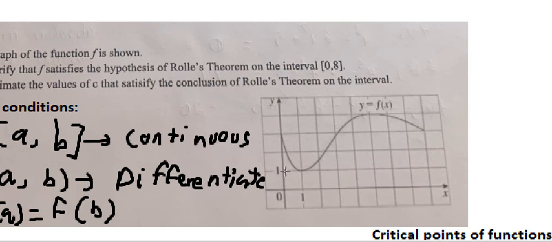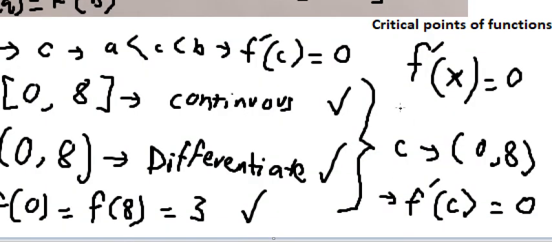So this one we see that we have one point in here and another point in here. So this is number 1. This point in here, that's number 5. And we have two values of c, that's c equal to number 1, c equal to number 5.